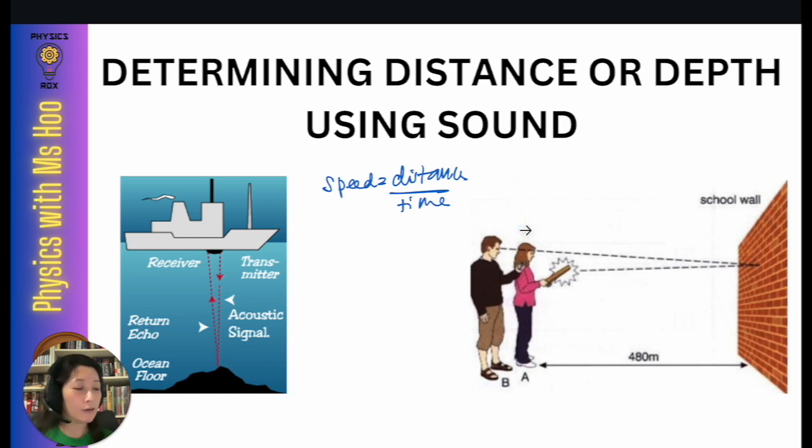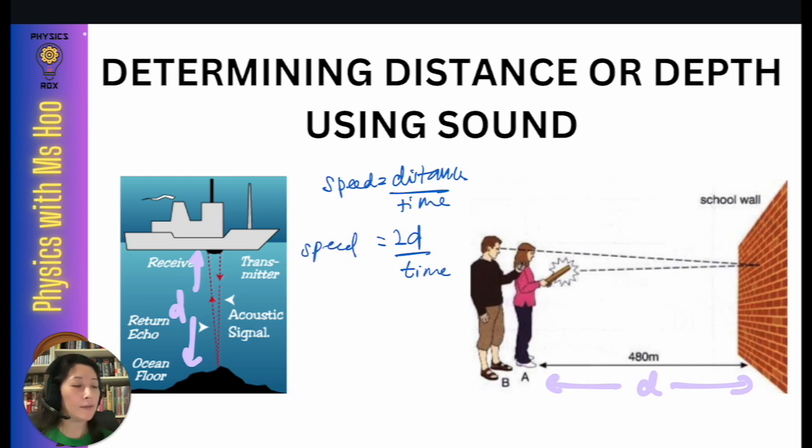That means if this was d, distance would basically be 2d over time. So that's why sometimes you'll see this written as v equals 2d over t, and depending on the question, you just need to rearrange the variables to calculate what needs to be solved. For example, if you're counting time, or if you're counting distance, or if you're counting speed.